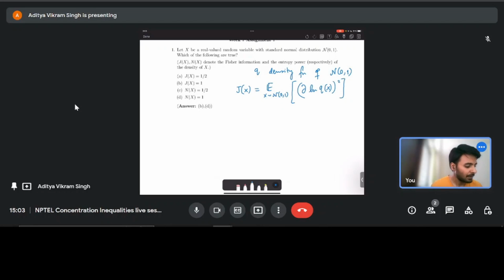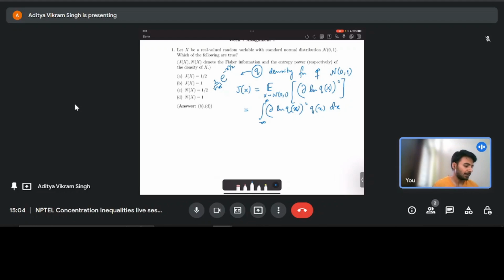If we write out this expectation, it would be the integral of the derivative of ln q(x), the whole square, times q(x) dx, where the integration is from minus infinity to infinity. For the normal distribution, we know that the density function q is 1 by square root 2 pi e power minus x square by 2.